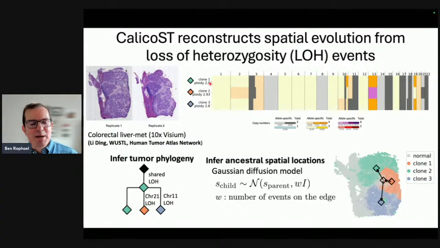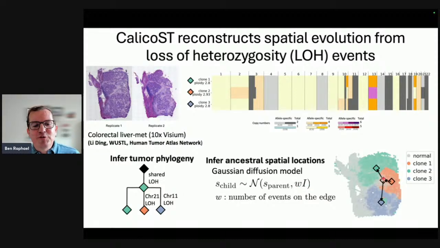So here's just one example, and I'll just close here. What we inferred, and I didn't show you this, was 3 allele-specific copy number profiles from the 3 different regions of the tumor. The tree we built is a little bit silly almost, because the tree is only on these 3 clones, but we can place these LOH events reliably on the leaves of this tree. And then we can run a classic phylogeography model in space. Here it's a Gaussian diffusion model.